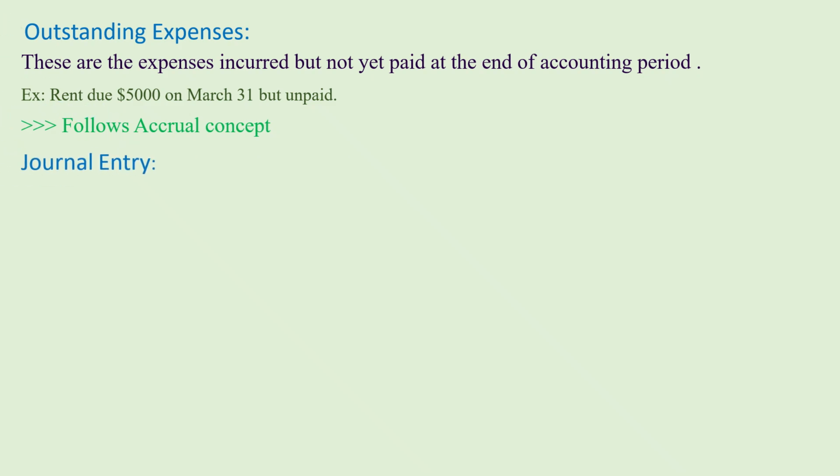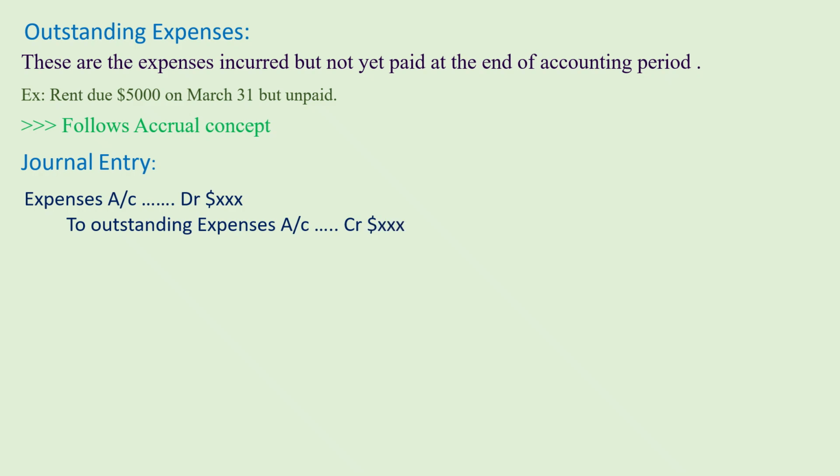And let us see the journal entry of these outstanding expenses. We know that an outstanding expense is a liability, right? So the person has to pay the amount. According to the personal account, credit the giver, and for the rent account, according to the nominal account, debit all expenses and losses, right?